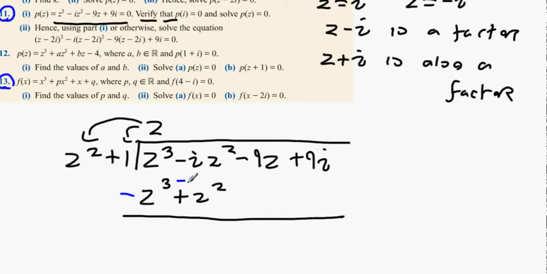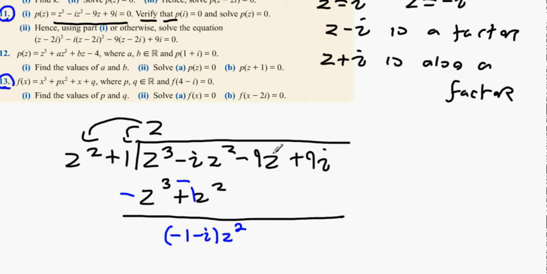So when we take these away, what we're going to end up getting is minus 1, minus iz squared, and then minus 9z plus 9i.